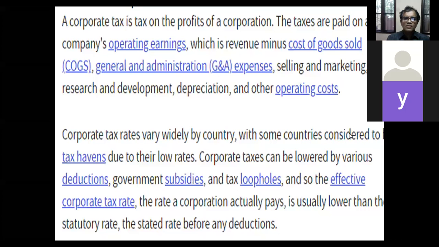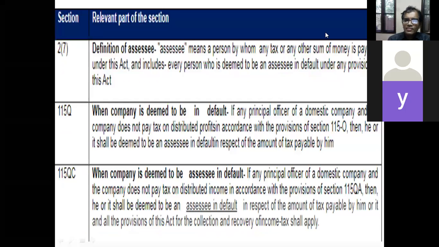Now coming to various definitions of corporate taxation. In tax, you have to learn various definitions. This definition you know, assessee. In the previous class also I mentioned, assessee means a person who has to pay tax to the government, to the tax authorities, or who has to pay penalty to the tax authorities.